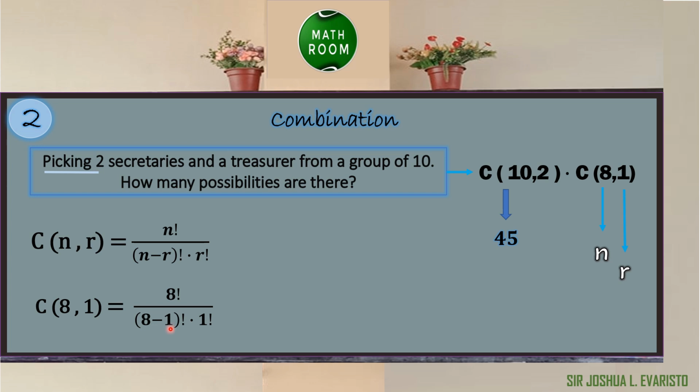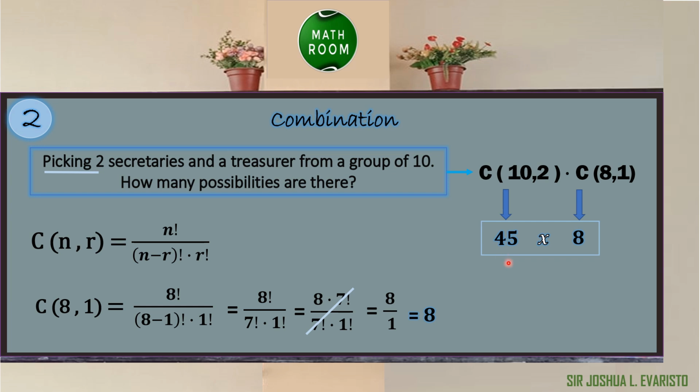Evaluate, 8 minus 1 is equal to 7, so we have 8 factorial over 7 factorial times 1 factorial. 8 factorial can be written in the form of 8 times 7 factorial, so that we can cancel 7 factorial on the numerator and denominator. So we have 8 over 1. So 8 divided by 1 is equal to 8. So combination of 8, 1 is 8. Therefore, we can multiply 45 times 8, which is equal to 360 possibilities.